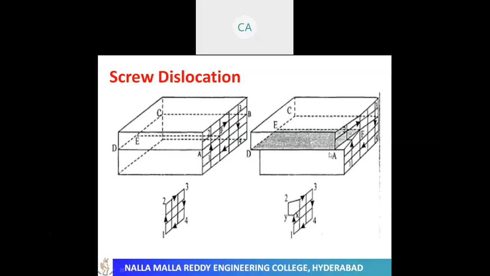Now, the screw dislocation is about the line E F, which is known as the screw dislocation line. The atomic bonds in the region immediately surrounding the dislocation line undergo a shear distortion.